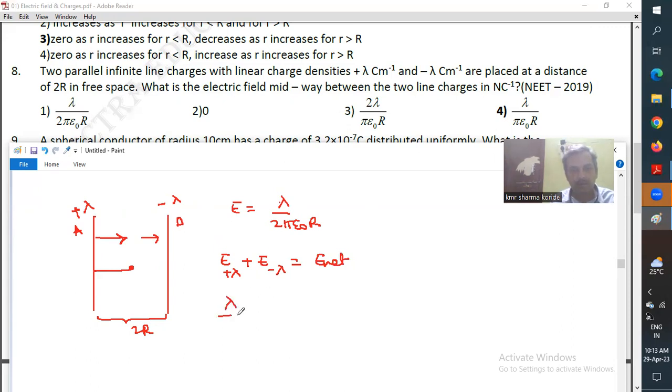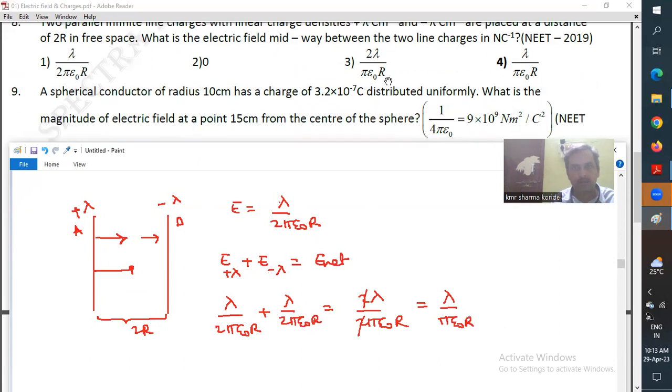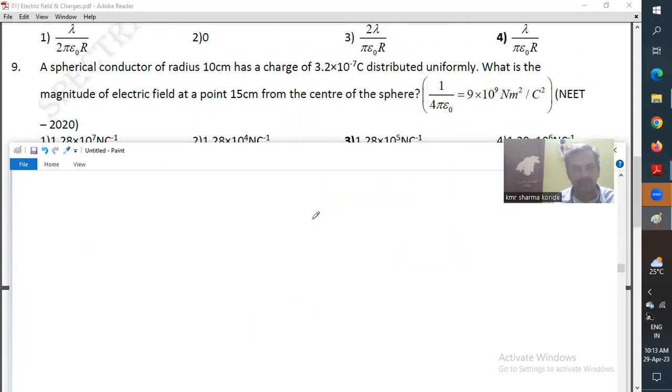So it is going to be lambda by 2 pi epsilon naught R, where R is the distance, plus lambda by 2 pi epsilon naught R. So they get added: 2 lambda by 2 pi epsilon naught R, and the 2 and 2 cancel. So the final answer is lambda by pi epsilon naught R. So the last option is correct. Moving to the next question.